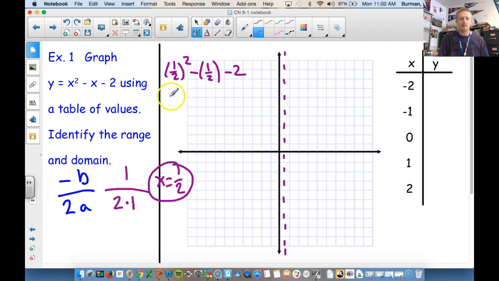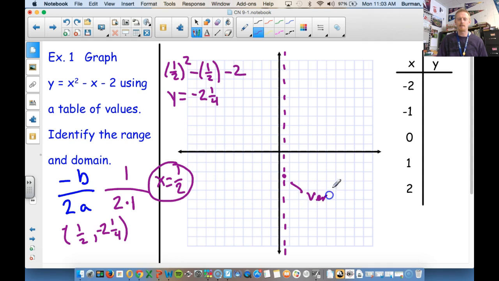And I got myself that then y is equal to negative 2 1/4. So my ordered pair would be 1/2 and negative 2 1/4. Now that's going to be down here at negative 2, 1, 2, and right here 2 1/4. That will be my vertex.